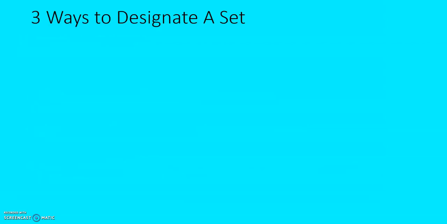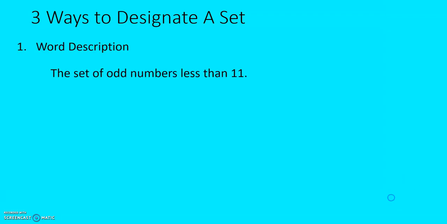There are 3 ways we designate a set. The first way is a word description. An example of that is the set of odd numbers less than 11. The second way is the listing method, where we write the set as a list in curly braces: {1, 3, 5, 7, 9}.